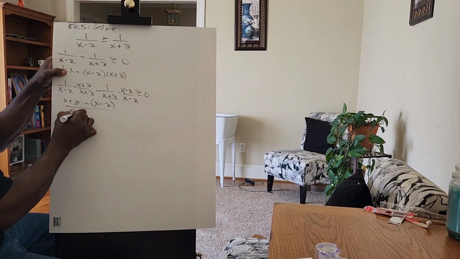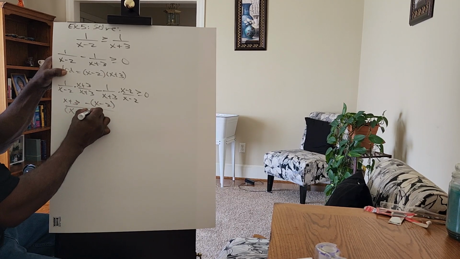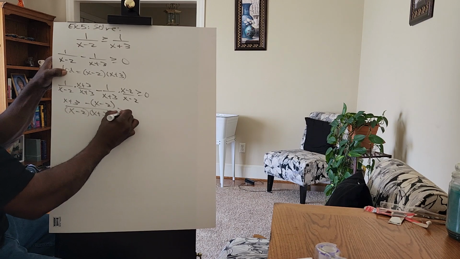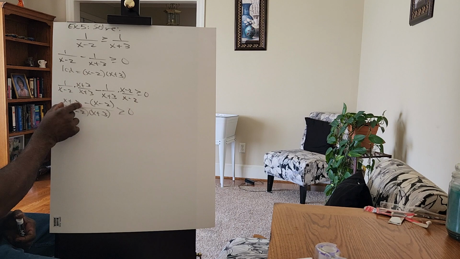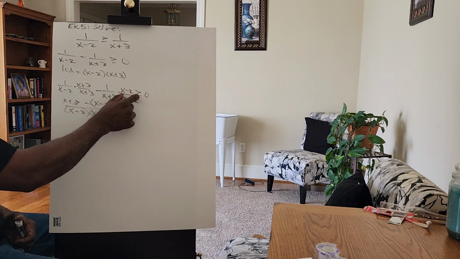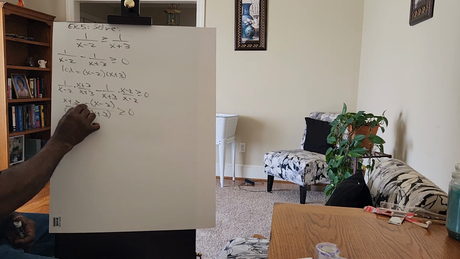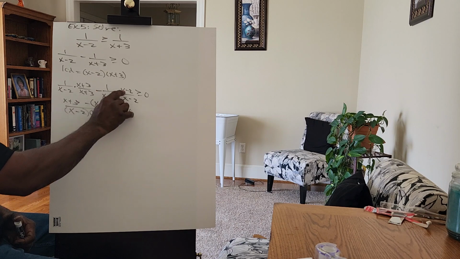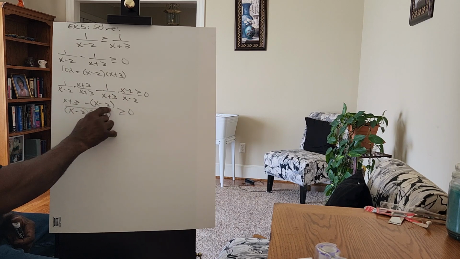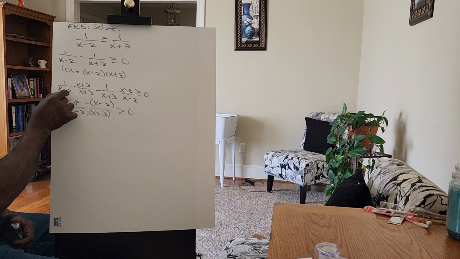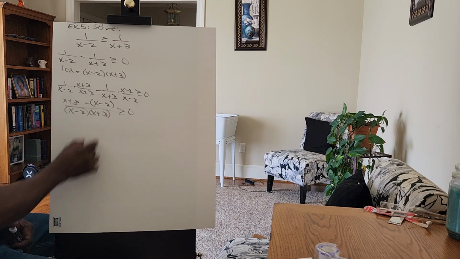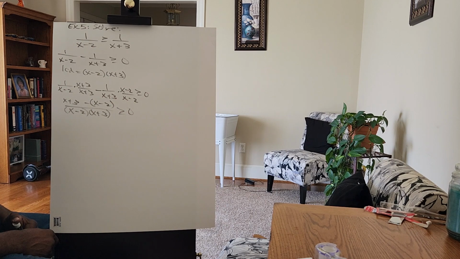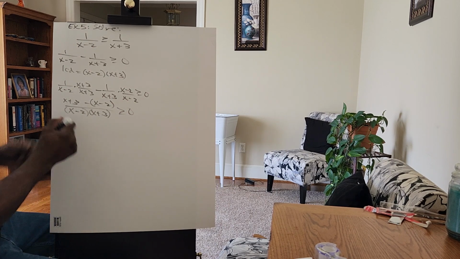I've got the same denominator now. So now 1 times x plus 3 is x plus 3 minus 1 times this stuff. But again, I got to put this in parentheses because that minus sign has to hit both terms. So I'll use parentheses. And I've got the same denominator now, x minus 2 times x plus 3. The order doesn't matter. Multiplication is commutative. So let's go ahead and do this.